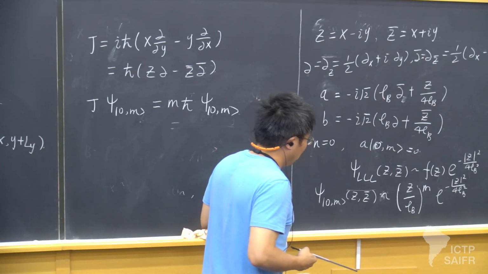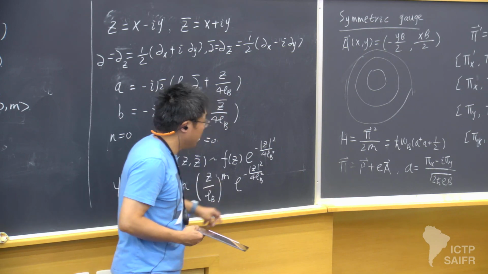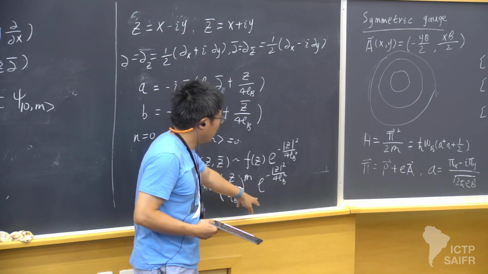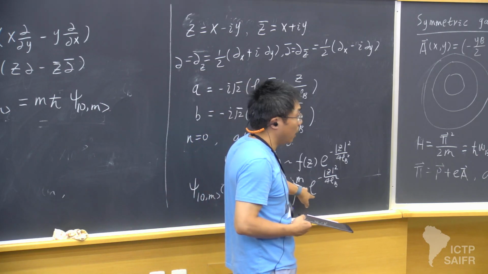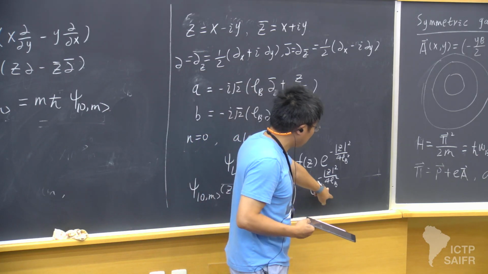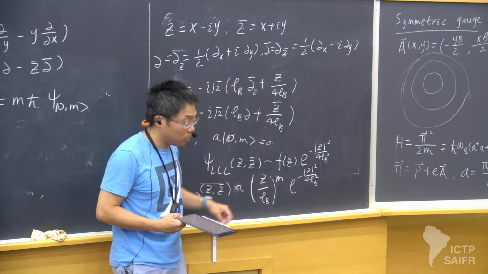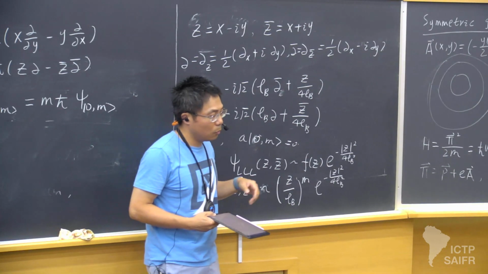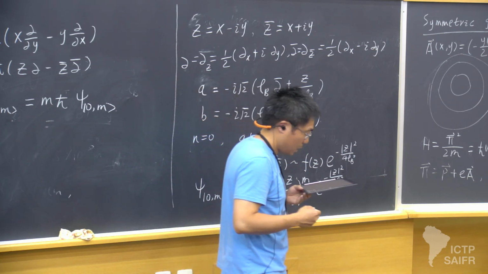And you can further look at this wave function. You know that the wave function will be localized at a position that depends on m, because besides this exponential factor, I also get z to the power m. Then you can look at the function to ask what the wave function looks like.